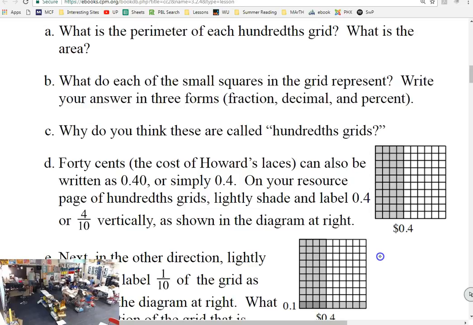Right now, it's only 4. 10 over 10 is what? So we have 4 over 10 is 4. We're only taking a tenth away. Lightly shade and label. 0.4 over 4 cents. No, but D tells you to shade. Oh, A? No, it's just asking you to observe it. Make some observations.